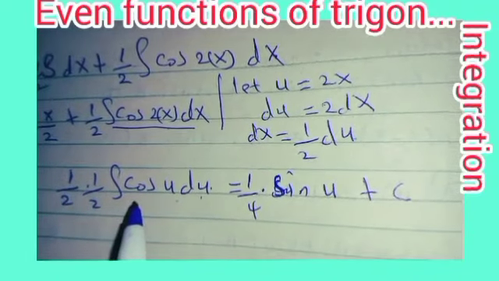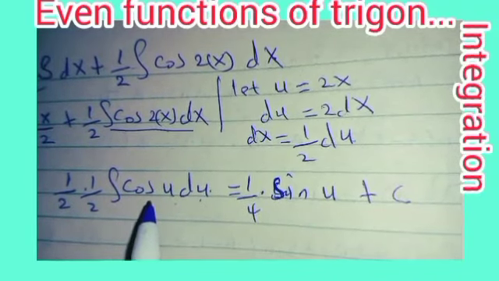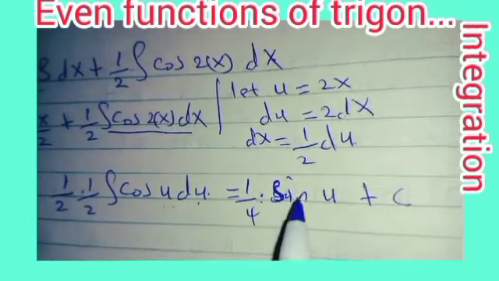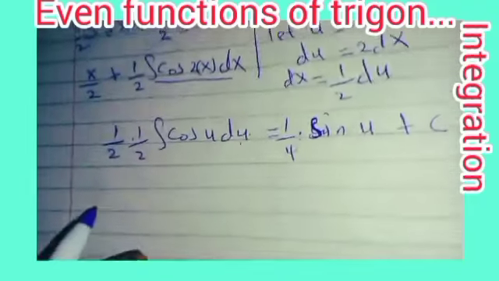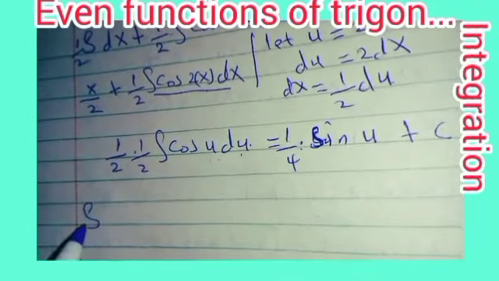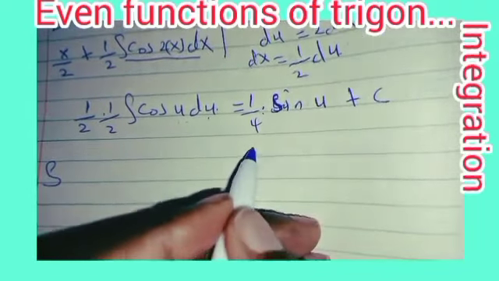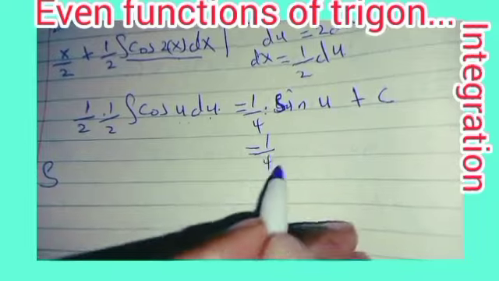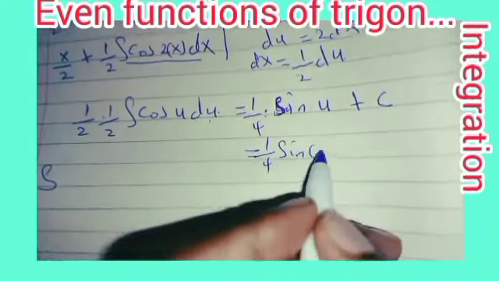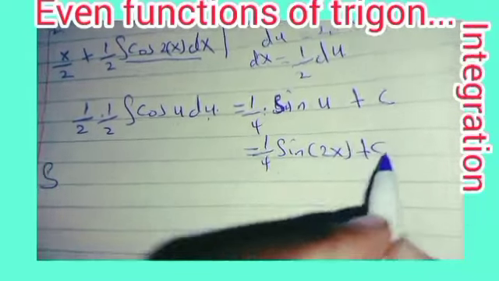The integral of cos of u is sine of u, meaning that this is equal to 1 over 4 sine of 2x plus c.